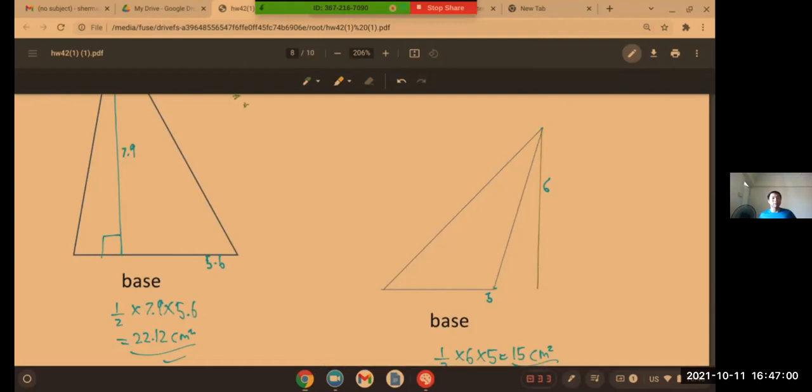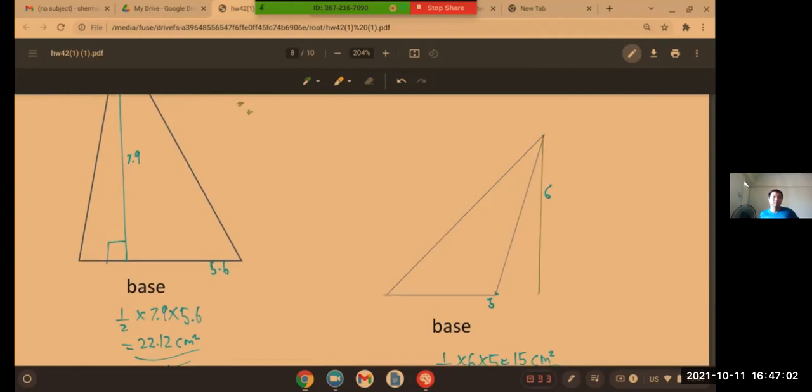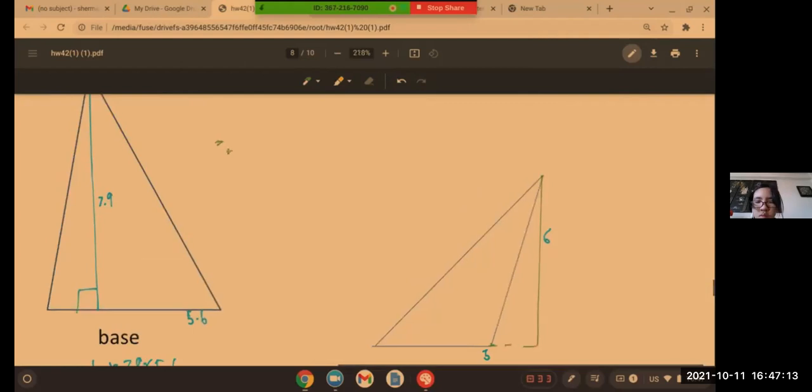This looks more reasonable. How come the height is out of the figure, by the way? Because this one cannot have the height inside the figure. Oh, okay. I don't think the answer is 6 already, so you need to change for the height.